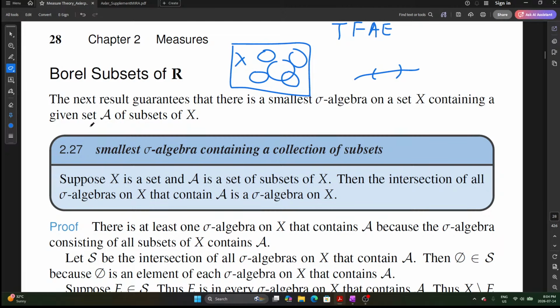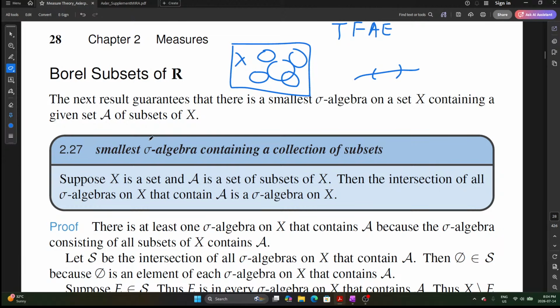The power set contains all possible collections of subsets of X. But once again, we don't want that big either. So you see, this is the idea: we want a sigma algebra that contains certain interesting classes of subsets, but we don't want the power set either.